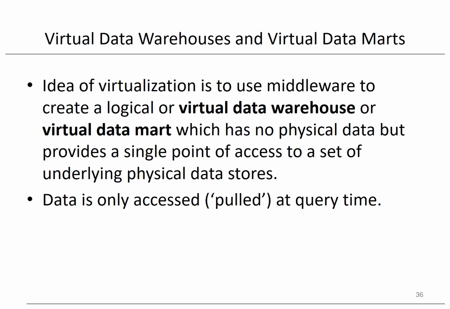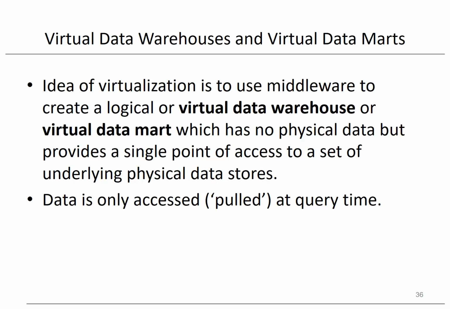The idea here is to use middleware to create a logical or virtual data warehouse, sometimes also called a federated database, or virtual data mart, which has no physical data but provides a uniform and consolidated single point of access to a set of underlying physical data stores. In other words, the data is left in its original source and is only accessed or pulled at query time.